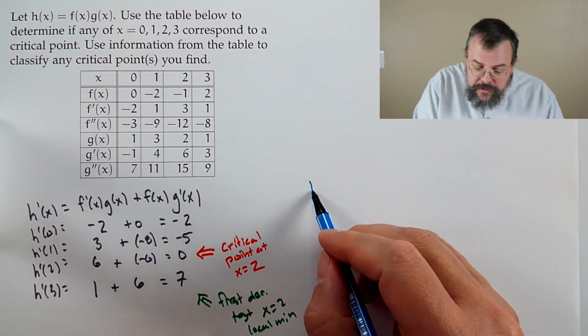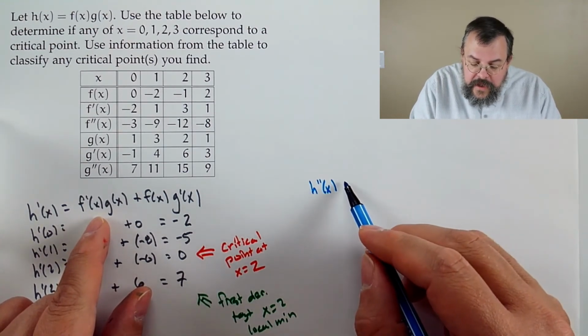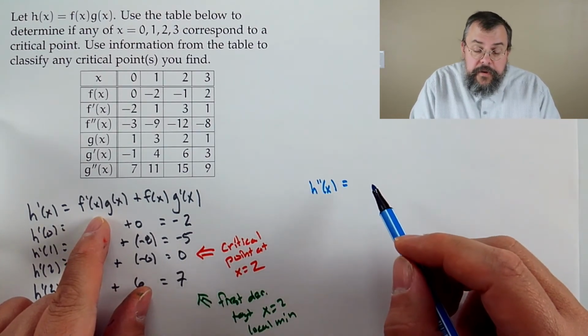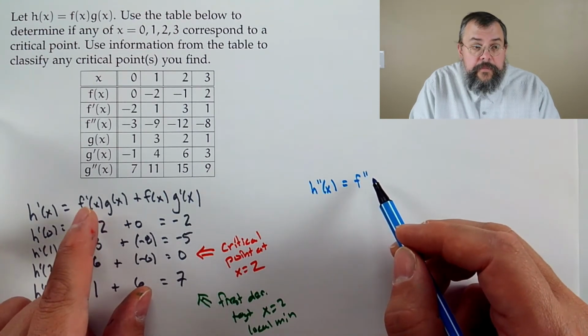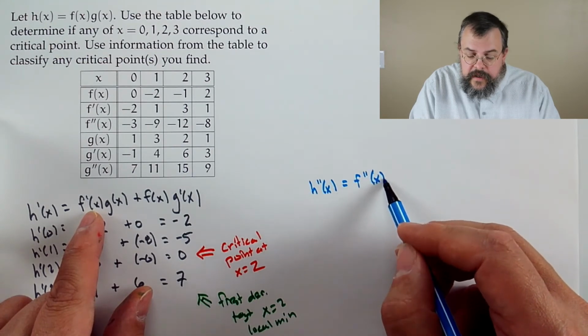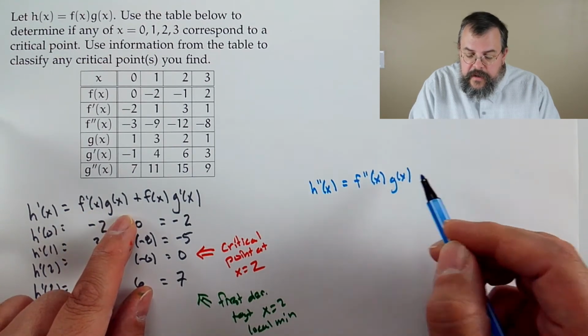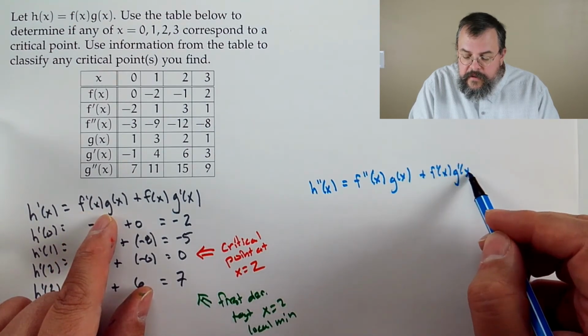To do the second derivative test, first we have to take the second derivative, so take the derivative of the derivative. You'd get f prime prime, because we're taking the derivative of the first times the second, plus the first times the derivative of the second.